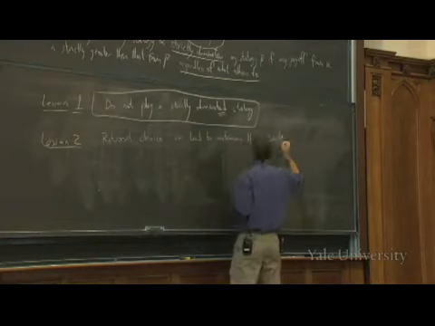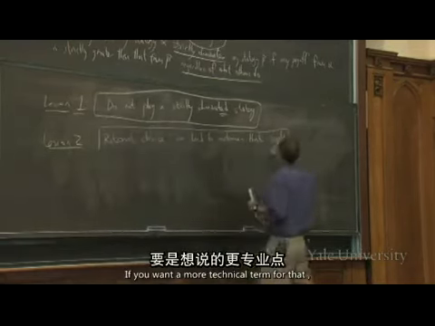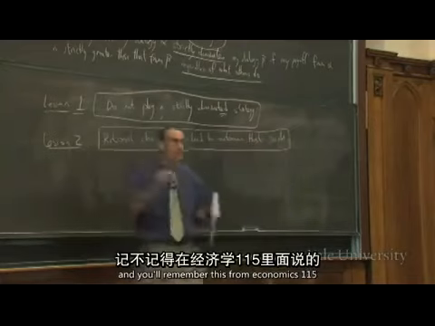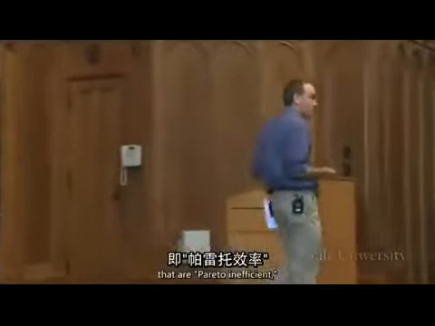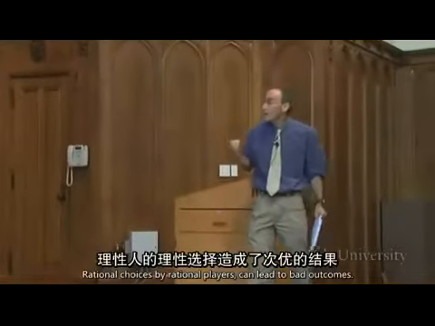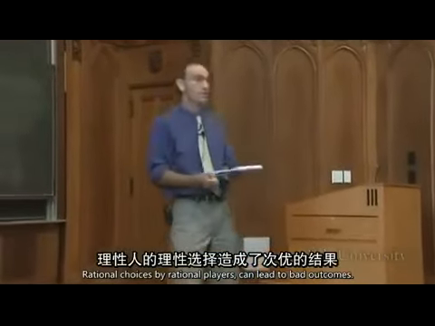That suck. All right? If you want a more technical term for that, and you remember this from Economics 115, can lead to outcomes that are inefficient, that are Pareto inefficient. But suck will do for today. Rational choice by rational players can lead to bad outcomes.